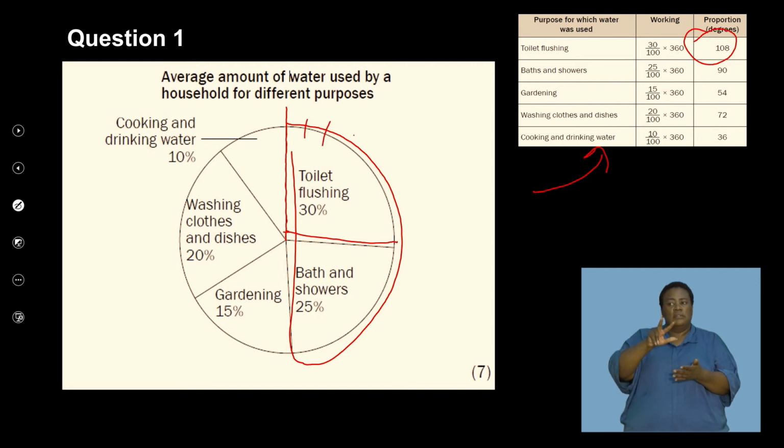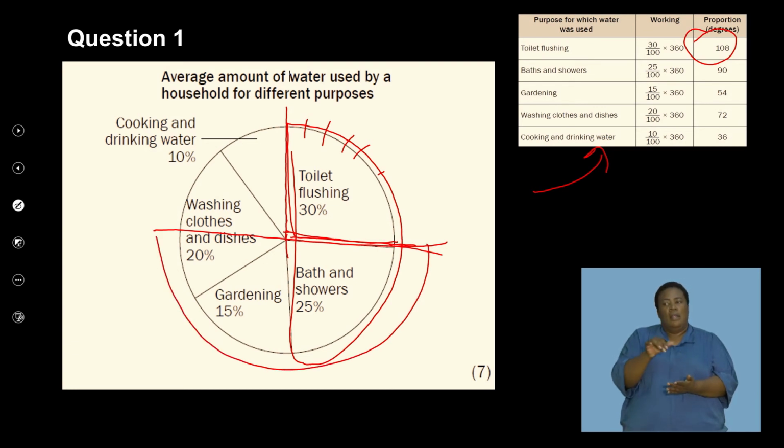You count that out and place a line here and draw that first segment out. Then you transfer your protractor, using that as the base, and you now measure the next angle, which is 90 degrees from that, and that takes us to the next proportion. You continue doing that until you have plotted each of the 5 or 6 segments collectively into a complete pie chart.